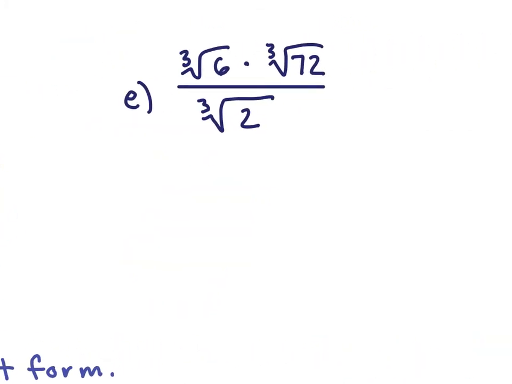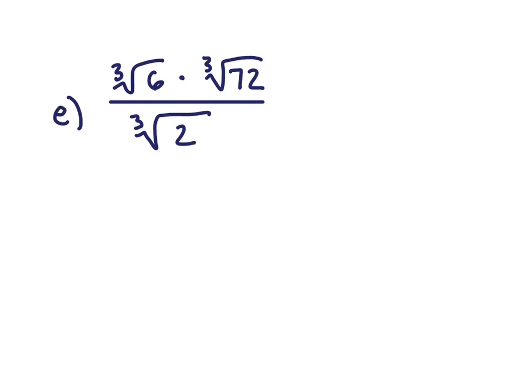All right, E, what should we do? This one's kind of the same. How can we combine them? The third root of 6 times 72 over the third root of 2.